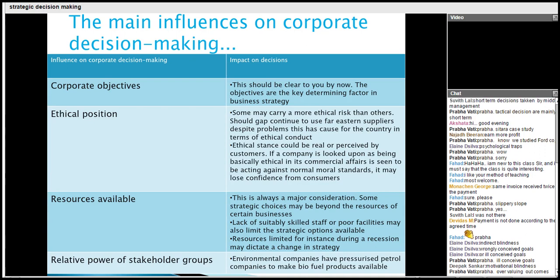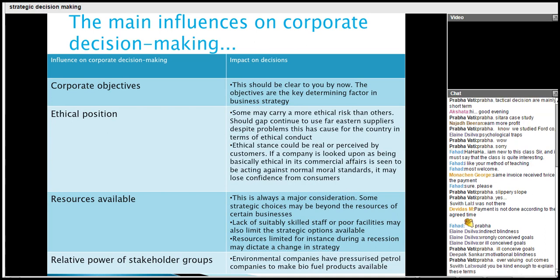Yeah, we've looked at motivated blindness. Overvaluing outcomes. Okay. Yeah, Suvit is asking if we can explain these terms because they were not there when we started. Anyway, I'm going to take a day for us to review the things we've done.